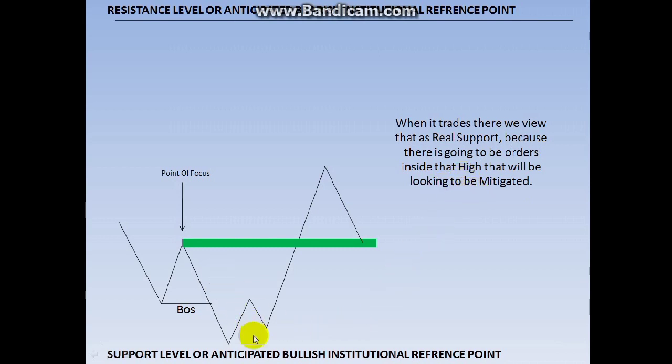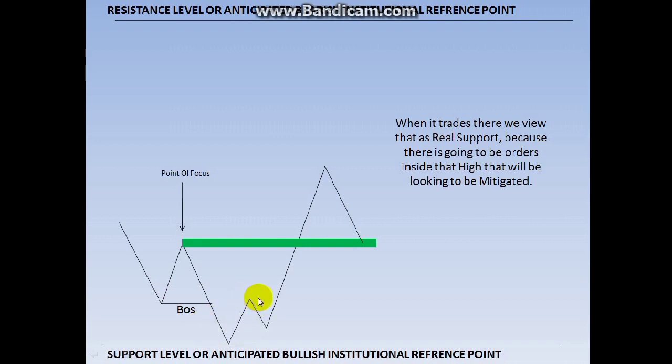Okay, so in other words, what's the storyline behind this? We had a short-term low right here, and we had a break of structure to the downside. Typically there are going to be stops resting below this old low, and they were tapped in short, and this came back as a break and retest.